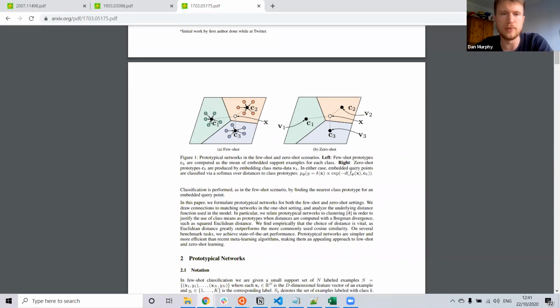You make a prototypical embedding for this class by taking the average of the embeddings for all of the examples within the support set for that class, and you do the same for class 2 and class 3. Then a query image comes in and you ask which centroid it is closest to. I can see that it's closest to the C2 centroid, and so I will classify this query image as a C2 class.